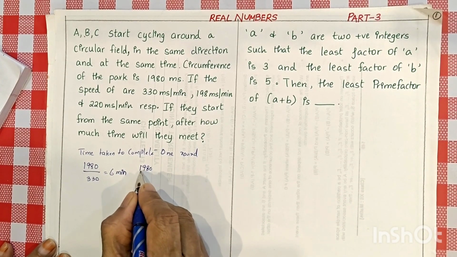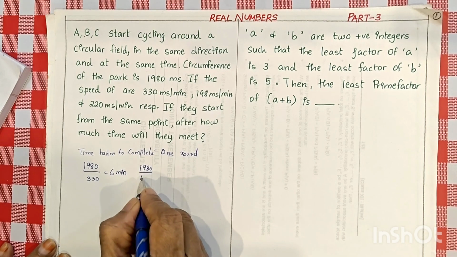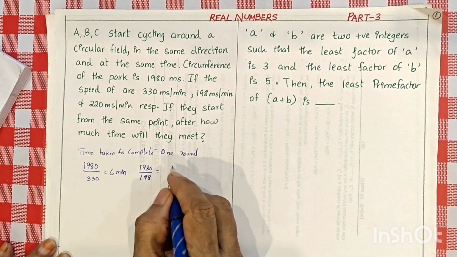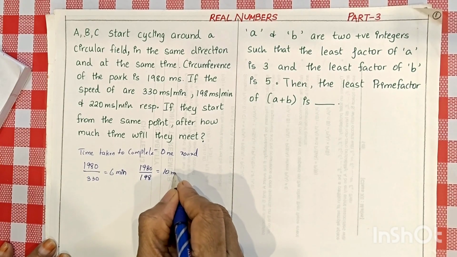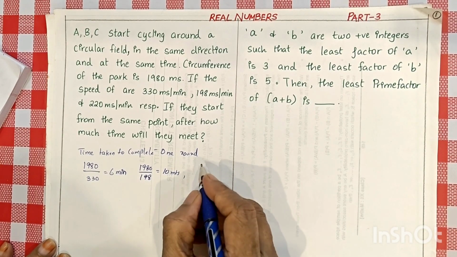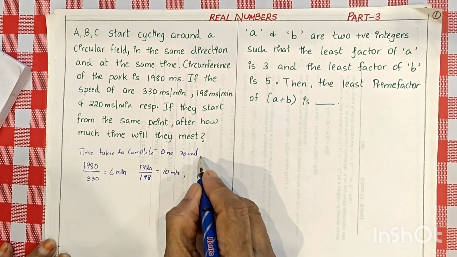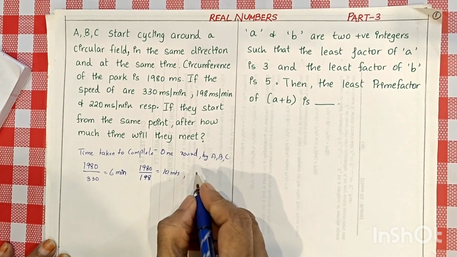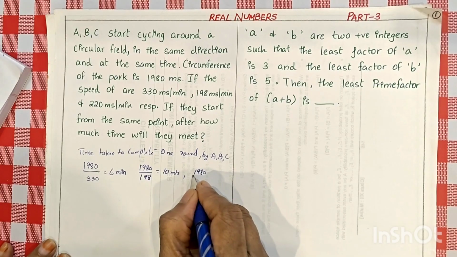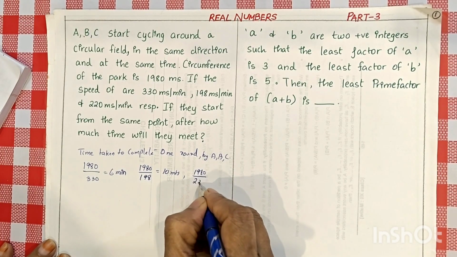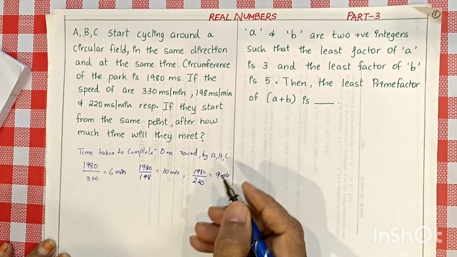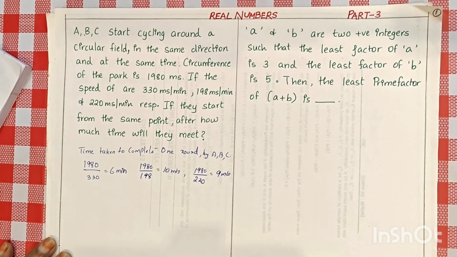Similarly 1980 by 198, you will get 10 minutes for B. And for C, 1980 divided by 220 is 9 minutes. Now we have to get at what time they will meet.